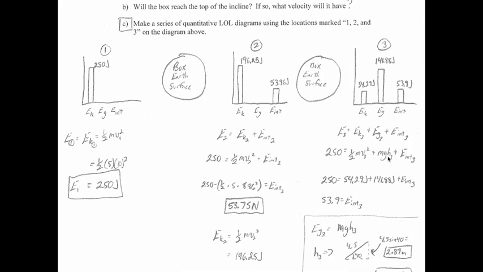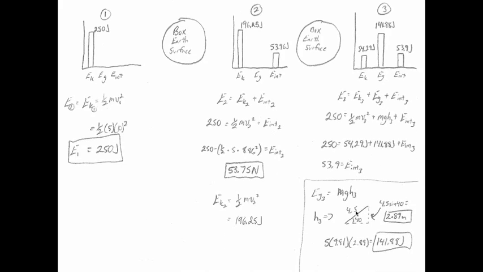We know the height of the block by doing some trigonometry here. We have a 4.5 meter long hypotenuse at a 40-degree angle, which is a change in elevation of 2.89 meters. That tells us we've lost some more kinetic energy to gravitational energy, using gravitational energy equals mgh. We find that's 141.88 joules.